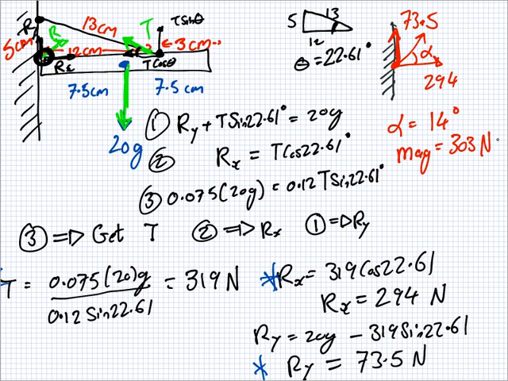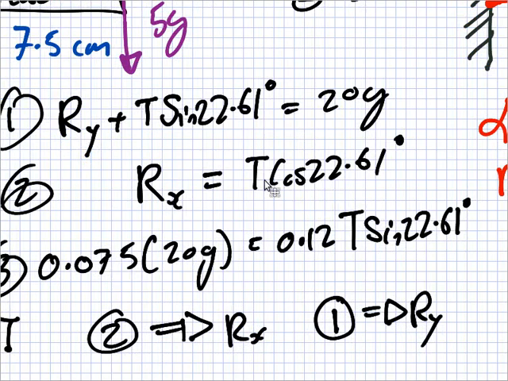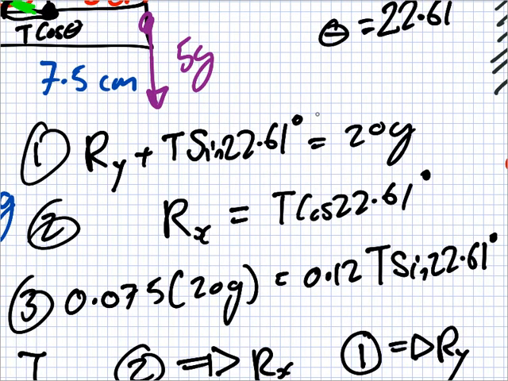The last part is the only difference: you hang a 5 kilogram mass at the end here. Okay? So that's a 5G. So let's look at the equations and just examine how they change. So in this equation, instead of being 20, that would be 25G.